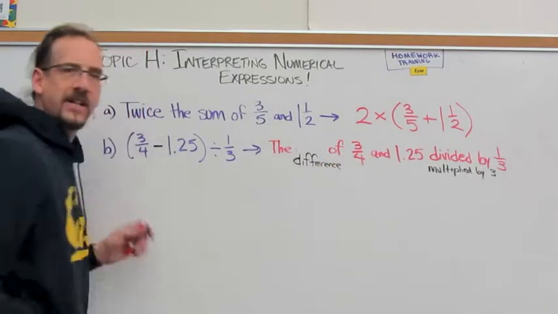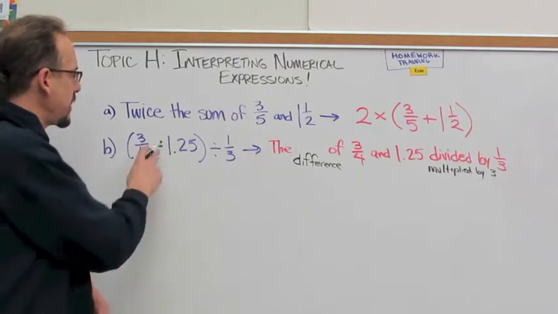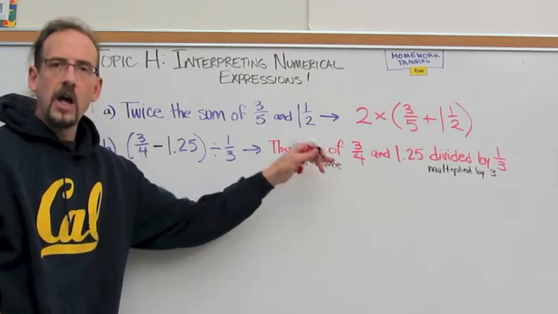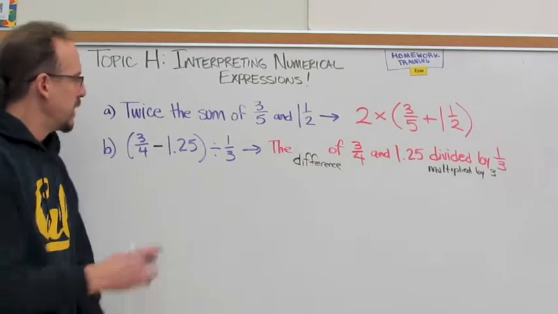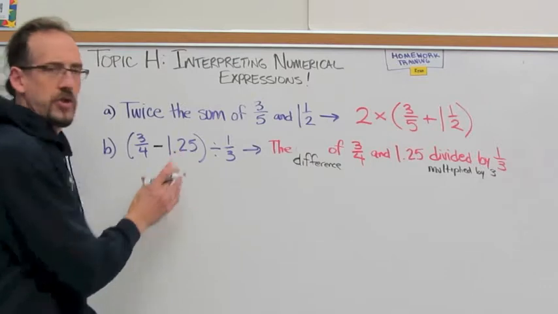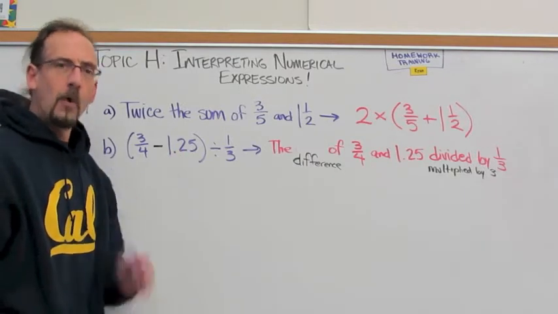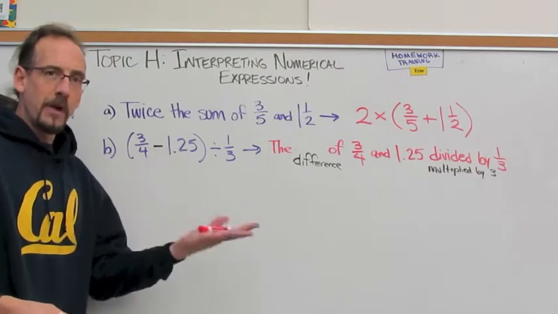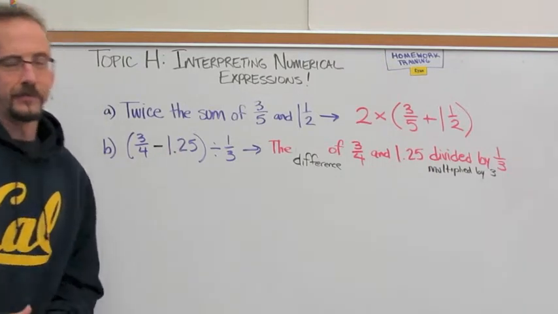The word and has nothing to do with the sign that's in between. We use the word difference or sum or product or quotient to tell what the sign is. The word and just means there's two numbers. So watch out for that if your kids are struggling with this part. After this part, we go on to problem solving, which will be next.